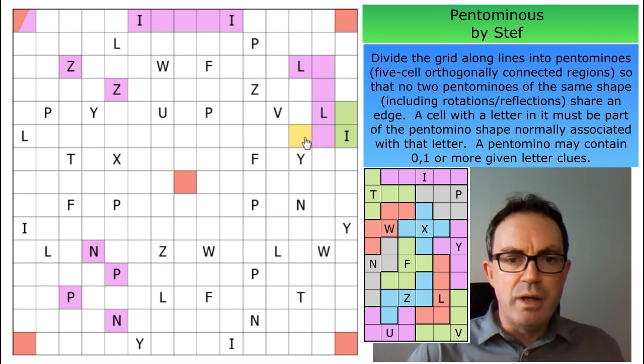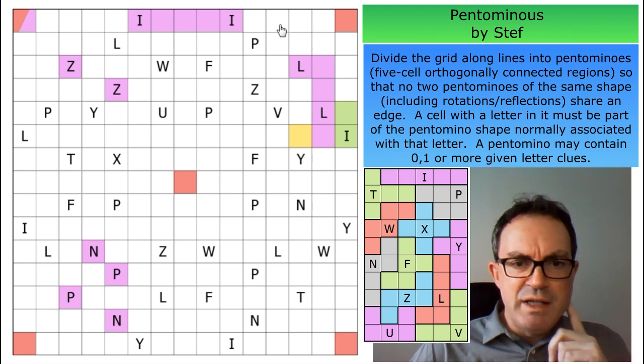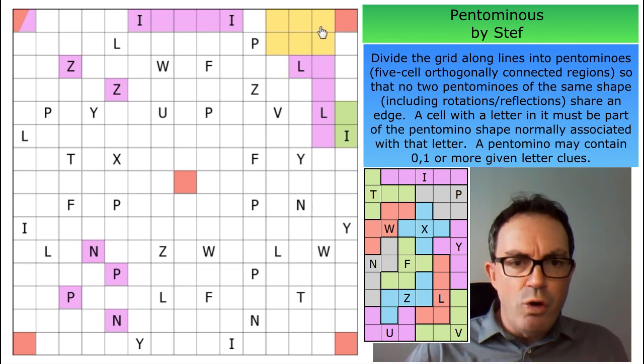Although I now think I've given myself a problem in the top right, because I've got to fill a lot of real estate here with not many pentominoes available. Not much can get into this top region of the grid.